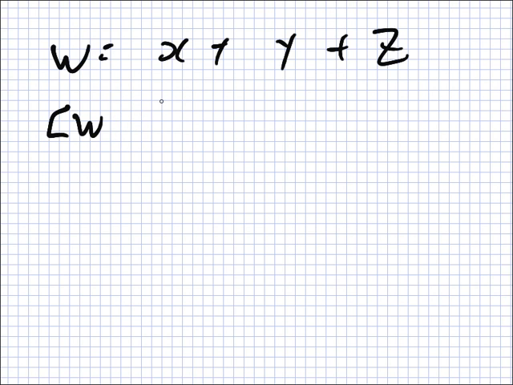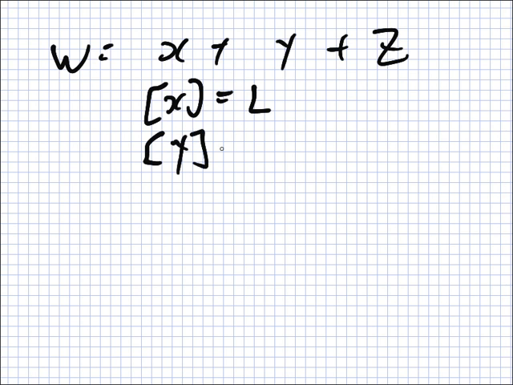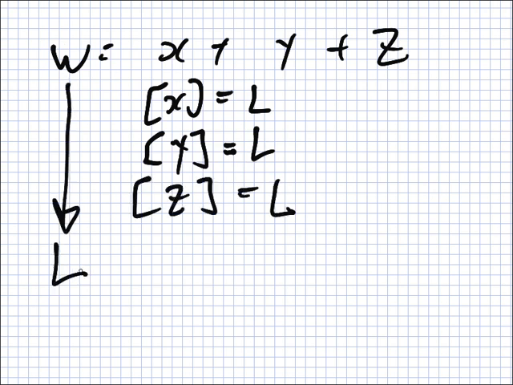Yeah, the dimension of x is length. What's the dimension of y? Yeah, but why? Because you're adding them, they all have to be the same, right? So it means that this one also has to be length.